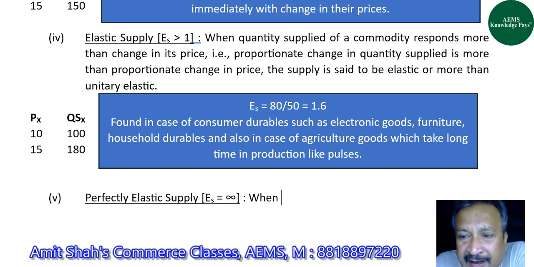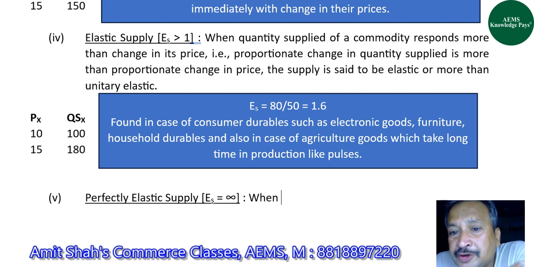This happens in very exceptional or abnormal cases, like bumper production of any agricultural goods because of very good monsoon, or because of dumping of consumer durables by developed countries into underdeveloped or developing countries like India.